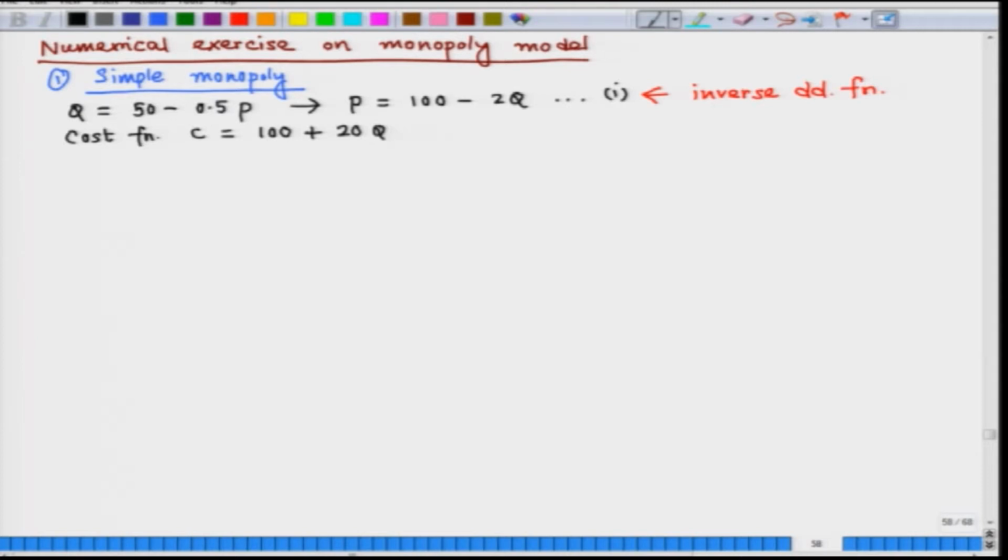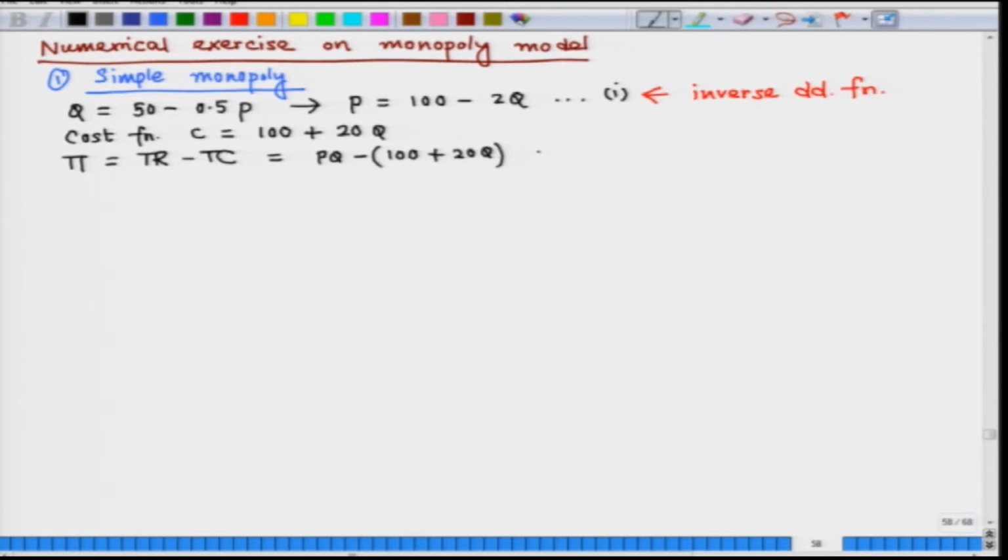So, now from this demand function and the cost function, one can note down the profit function of the monopolist, which could be written as total revenue minus total cost, right. And how do we write the total revenue? The total revenue will be P times Q minus 100 plus 20q, that is the cost component, right.